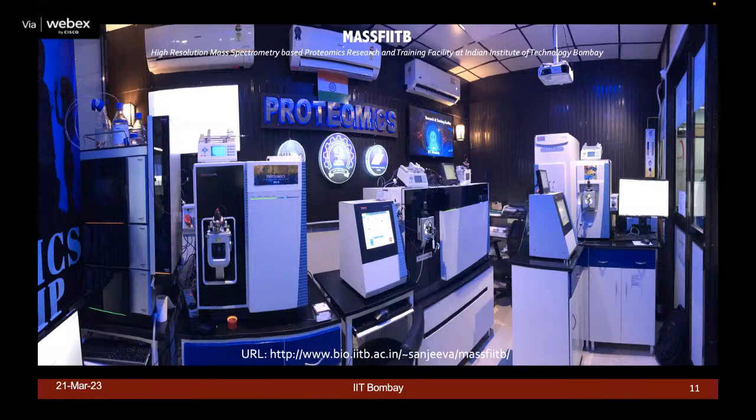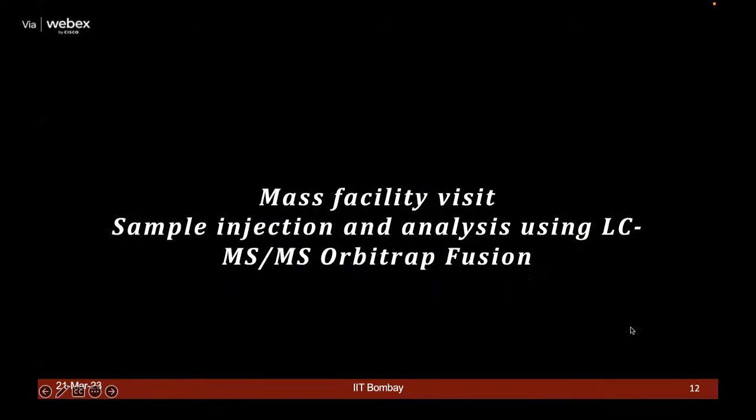So in the next series of live sessions, we are going to take these various mass spectrometer instruments and give you a live demo from the lab, where you will see these peptides which have been prepared.